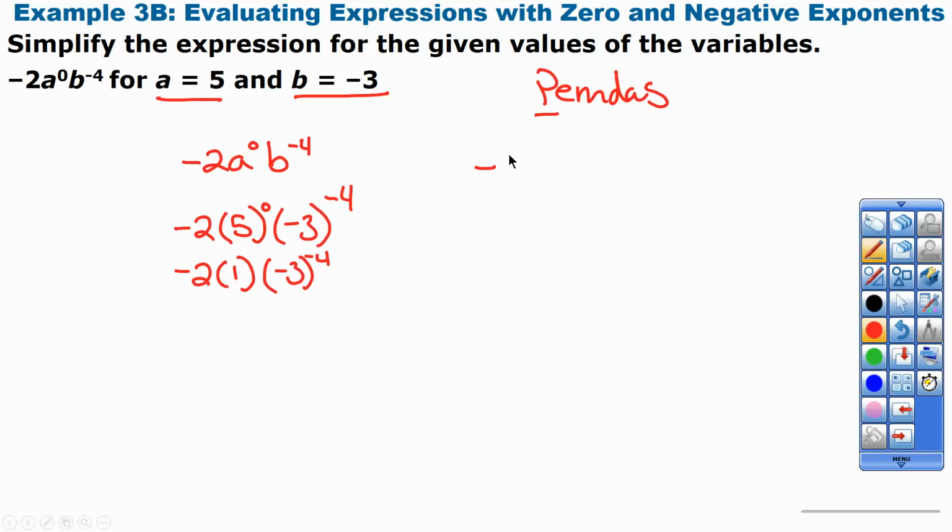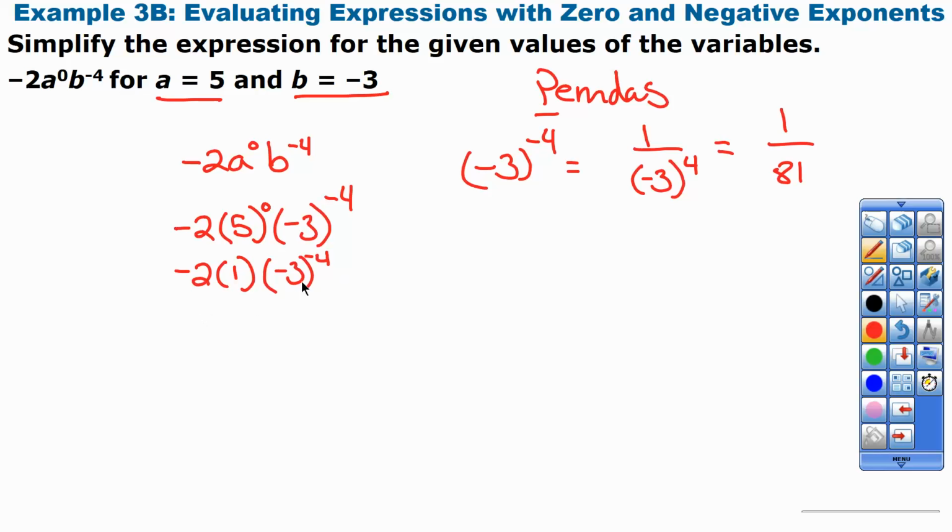So we're going to work that out over here. Negative 3 to negative 4 is 1 over, keep it in parentheses, negative 3 to the 4th power. And since it's a negative raised to an even power, it's going to be a positive. So that's 1 over a positive 81.